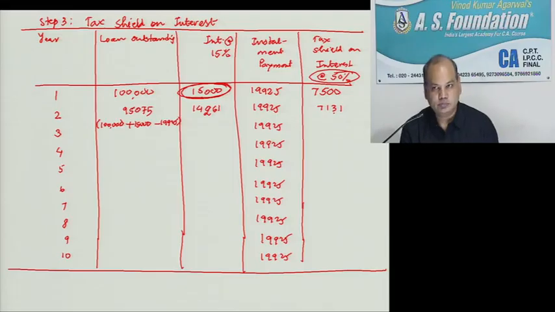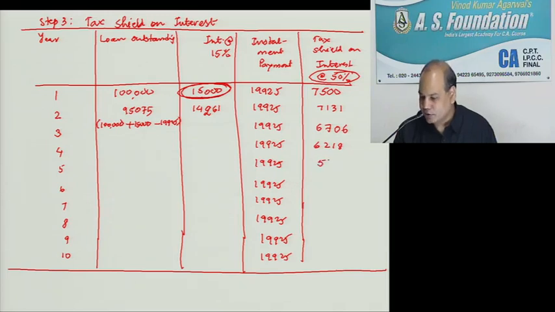Over. Can we check? Give me the last column only. If that is right, it means you are right. Third year, 6706. Fourth year, 6218, plus minus 1. Next fifth year, 5656. Okay.